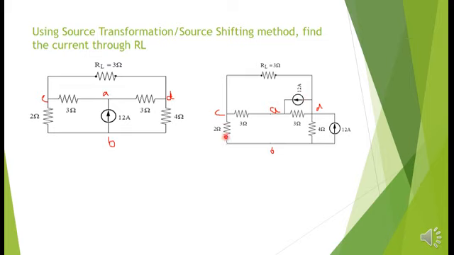Another D to A path through B: C to B is a 2 ohm resistor, and B to D is a current source. So here I will use the source transformation technique.